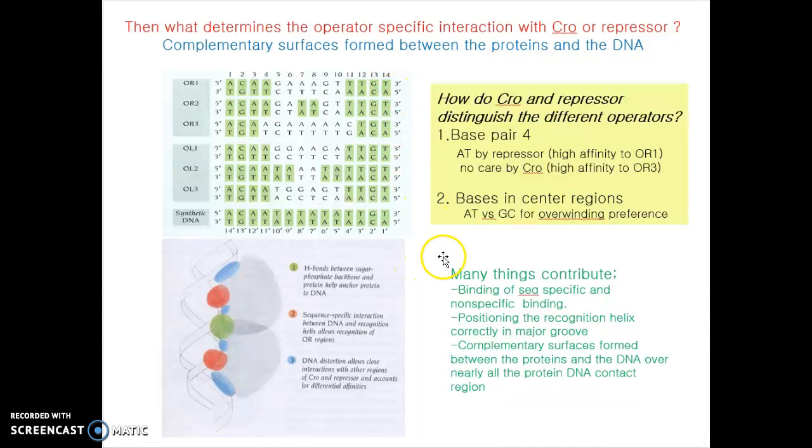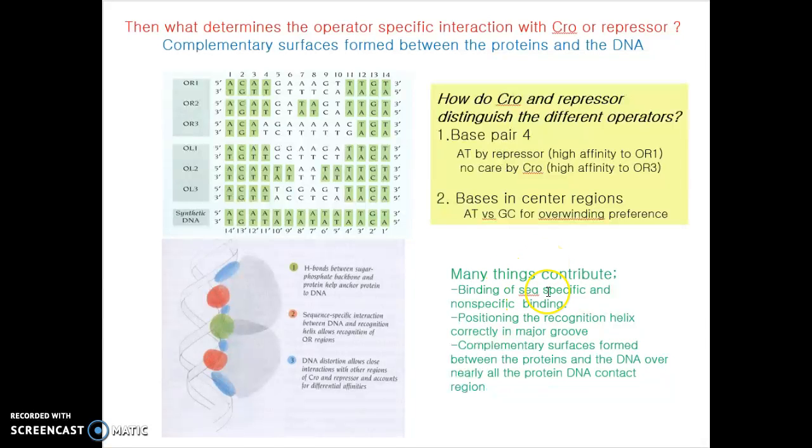The second half will be how complementary structures could be formed. So many things are actually involved in this process.